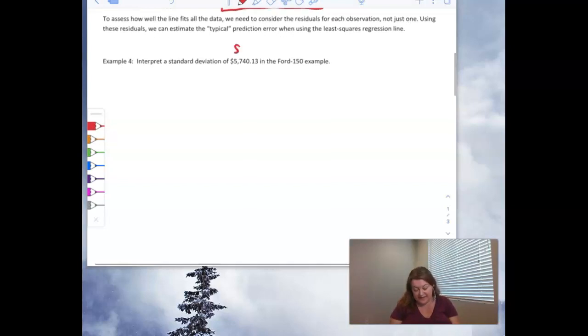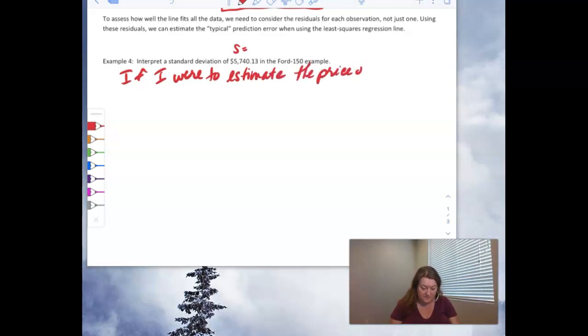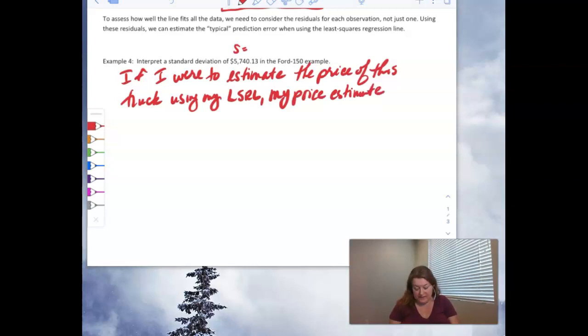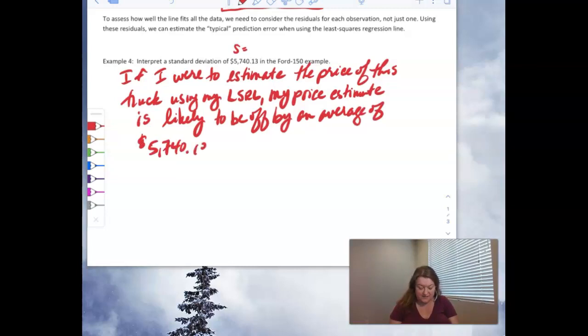So they're basically saying this is S. If I were to estimate the price of this truck using my least square regression line, my price estimate is likely to be off by an average of $5,740.13.